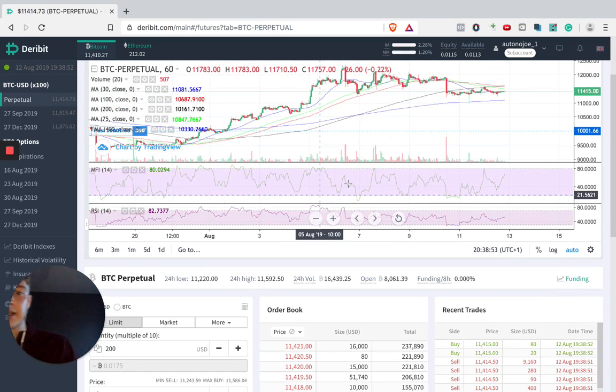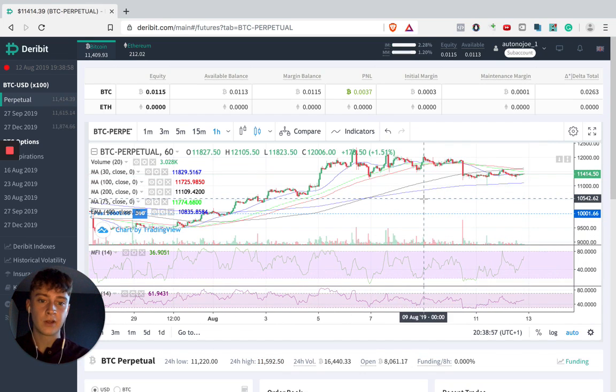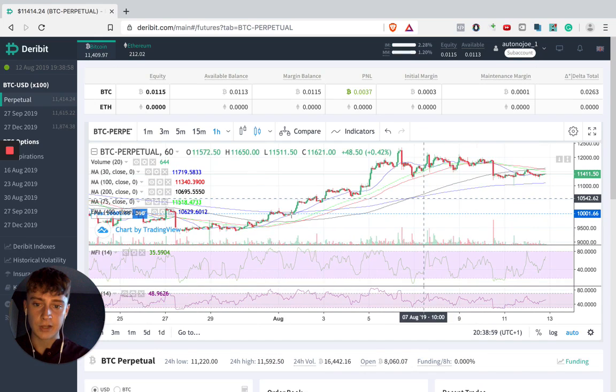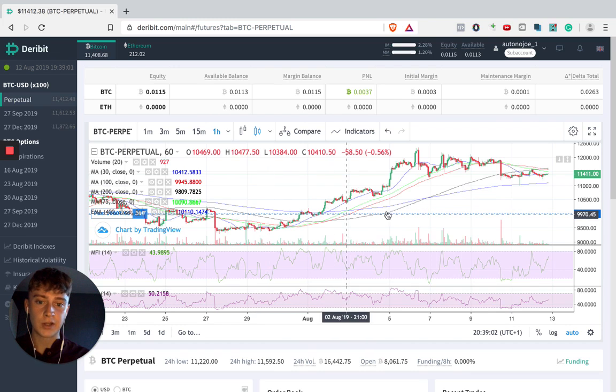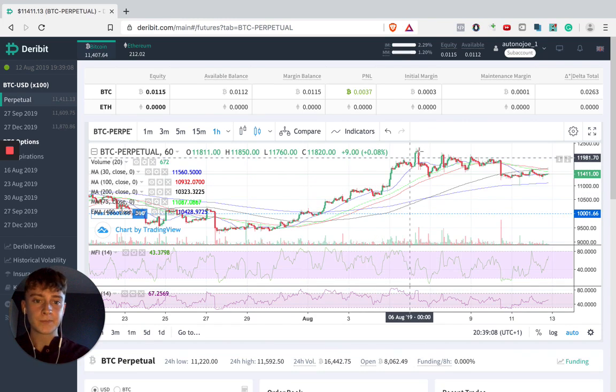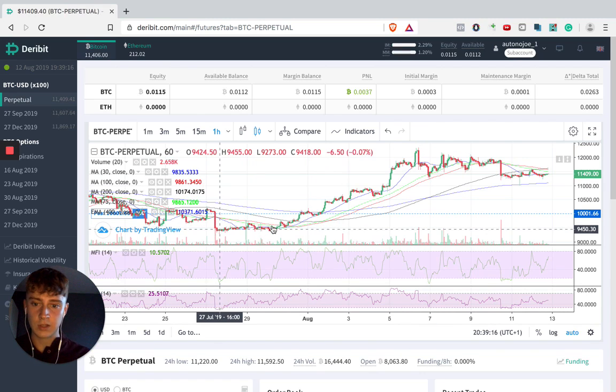But I learned a bit of technical analysis, and I put a position in here. As you can see, the blue line is my position. This is where I opened it, just before this bull run back up to the 12,000 levels. If you get in at the right time, and I think I got in back here.